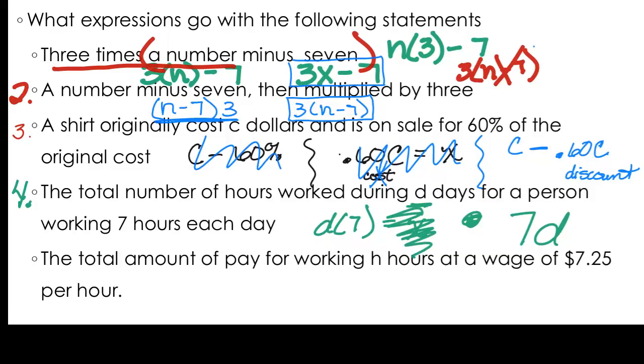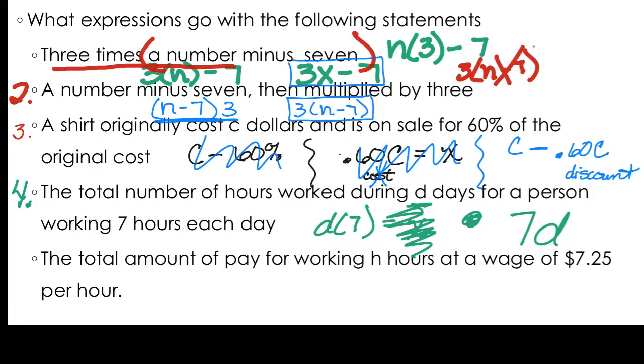You don't really even need that. So these are all expressions. There should not be any equal signs in there. But what I was trying to show was 7 times 1 is 7. 7 times 2 is 14. 7 times D number of days is 7D. Okay? All right, last one.